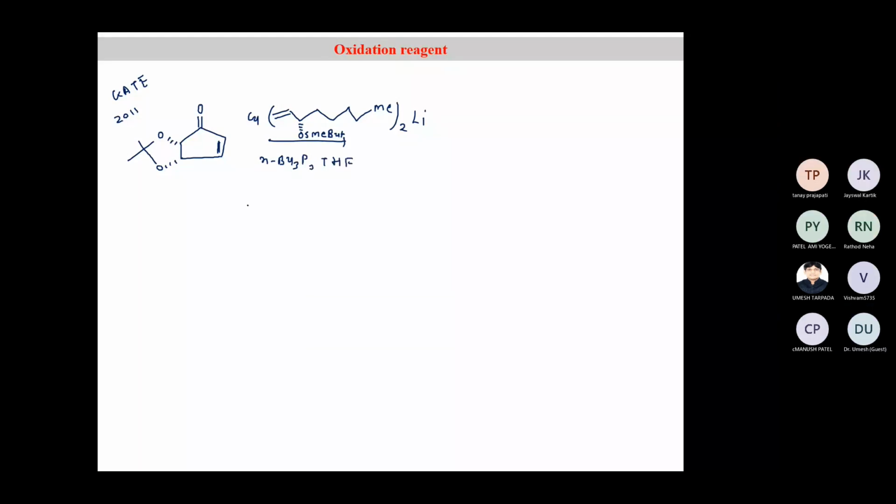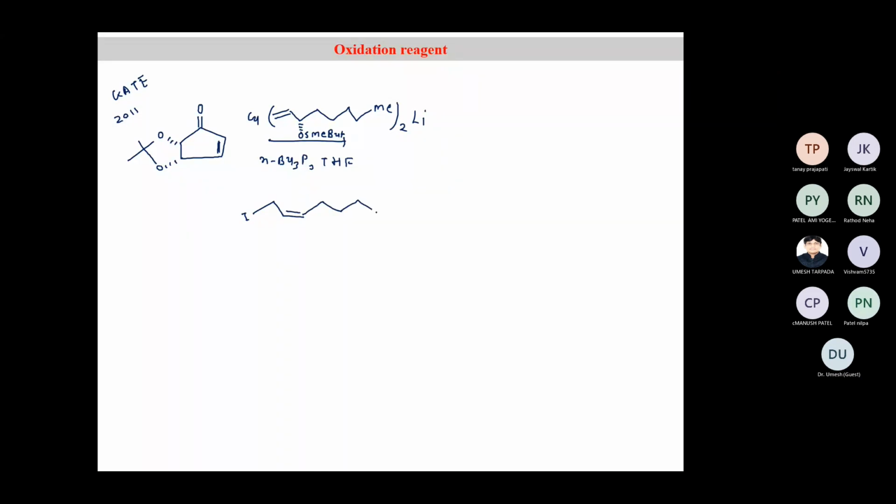Second step is reaction with this one. So what is its major product? The question is to predict the major product. So these are the options.